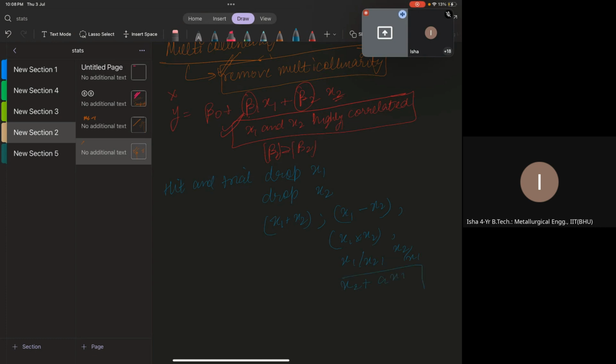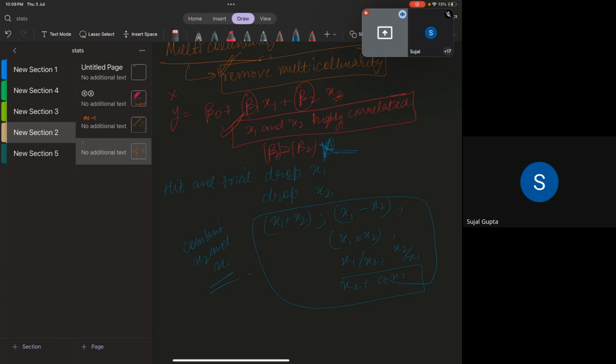Am I clear, everyone? So this rule of dropping is wrong.